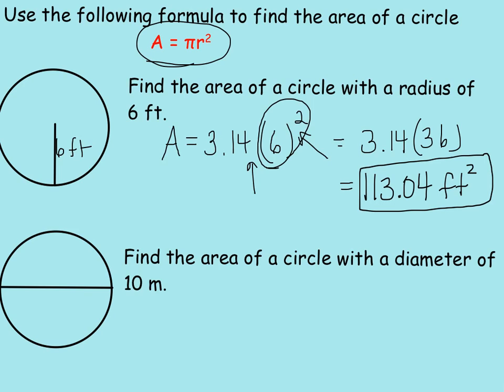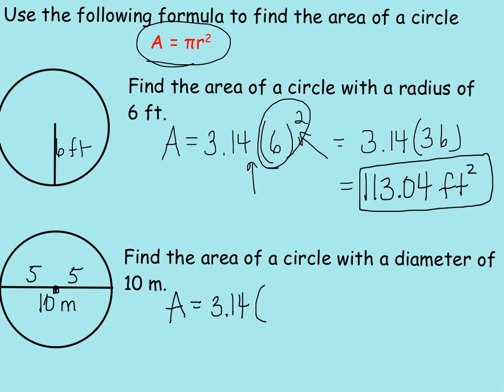Let's go ahead and try the second one. In the second example, we have a diameter of 10 meters. Area equals pi, which is 3.14, times the radius. Now, they don't give us the radius in this one, but they do give us the diameter. And I know that the diameter is really just 2 radii put together.